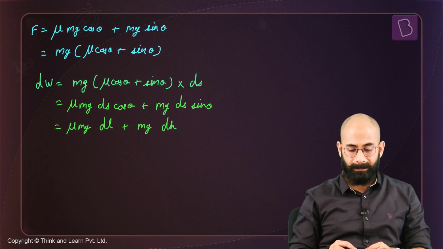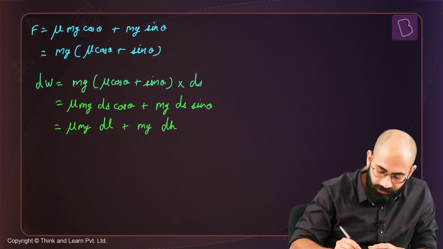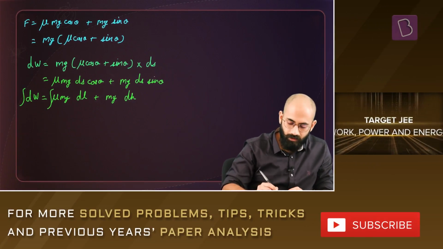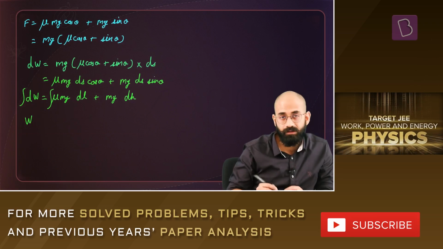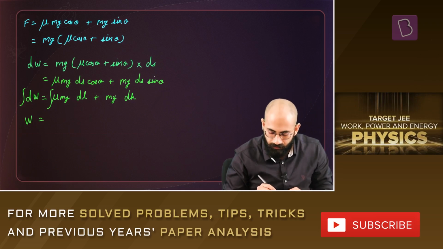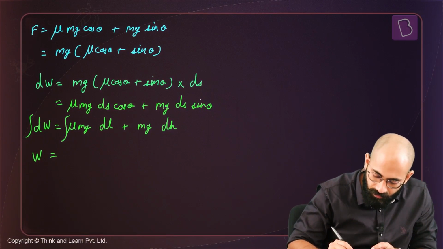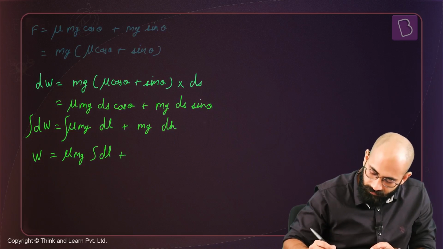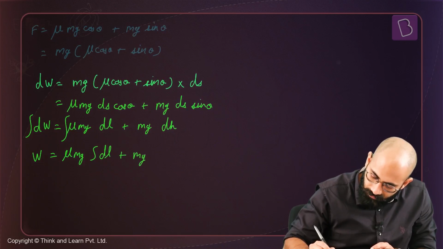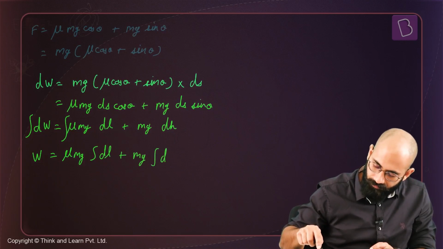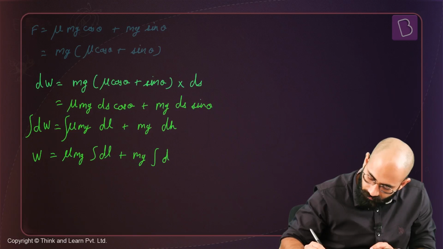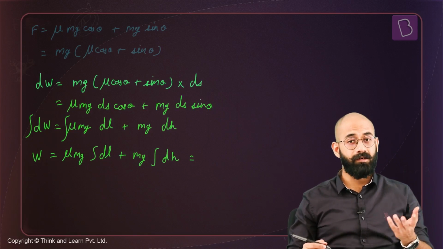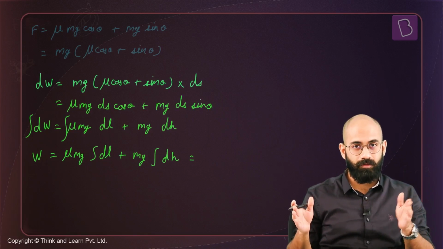Correct? Now when we integrate, because this is equal to dW, to find the net work done, we integrate both sides. So we get here, this will be capital W, let's say, that is the net work done. Now this will be equal to mu mg is constant, which will come out, integral dl plus mg integral dh. Now this obviously, integral dl is going to be the overall length, bottom length L, right?